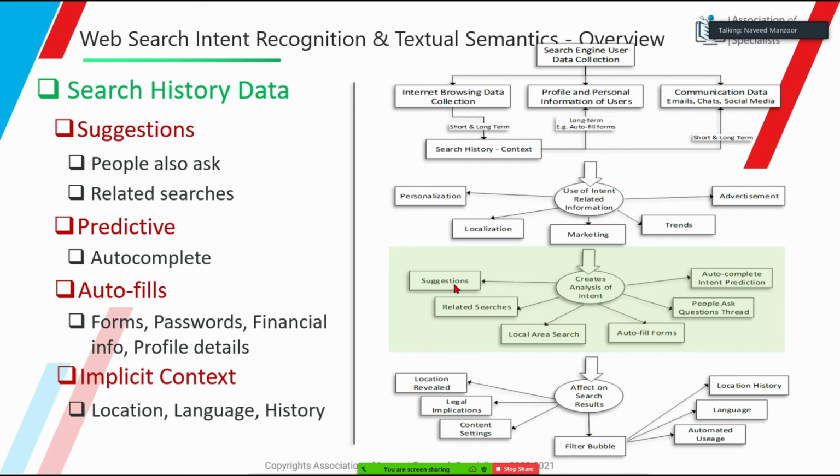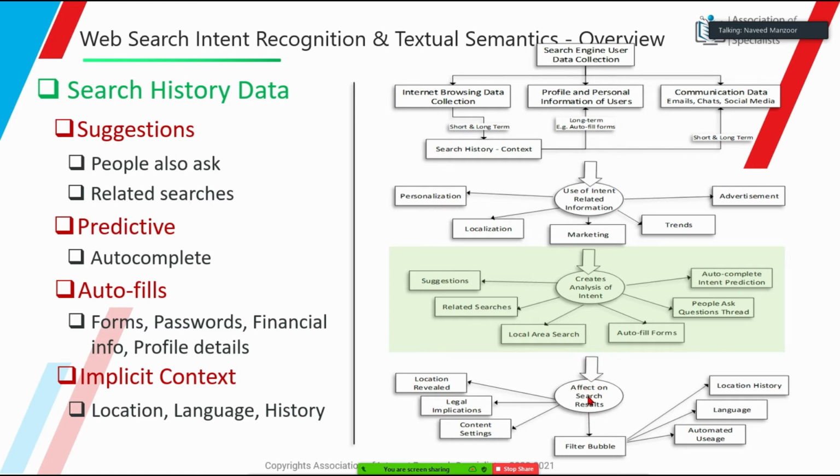It is going to give you suggestions, related searches, local area search, autofill forms, People Also Ask, autocomplete, intent prediction, and so on. All these are created based on the first and second layer, which makes it more personalized or user-friendly, or you could say makes the user experience better, and so on and so forth.